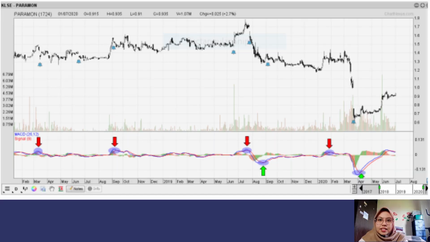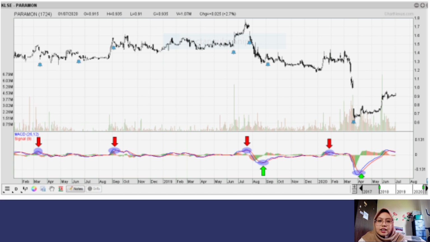The chart depicts the Moving Average Convergence Divergence, or MACD, for Paramount Corporation Berhad, where the chart contains numerous sell signals and only one buy signal. Since the MACD crossed below the signal line and the histogram turns down to 0 in March 2018, September 2018, July 2019, and at the end of January 2020, sell signals have been generated.